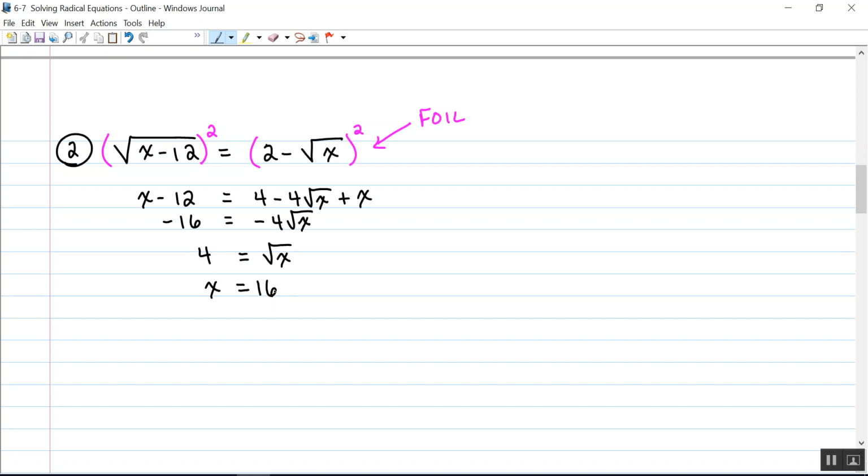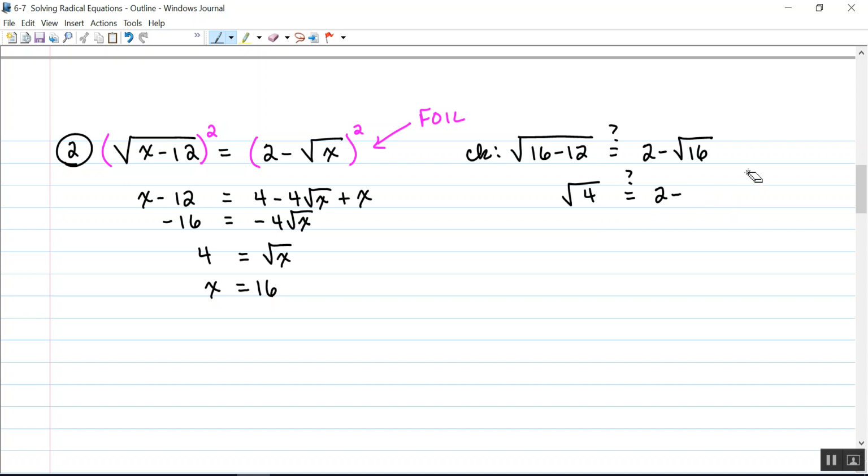Now, looks pretty simple, but let's make sure it does work and let's check that. So plugging 16 in there, is the square root of 16 minus 12 equal to 2 minus the square root of 16? Is the square root of 4 equal to 2 minus the square root of 4?